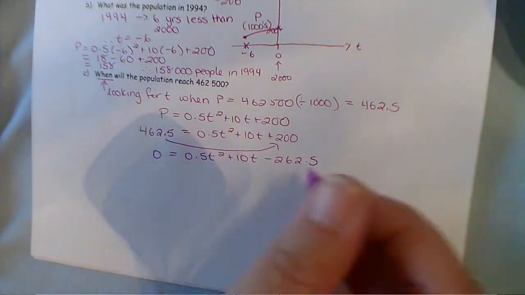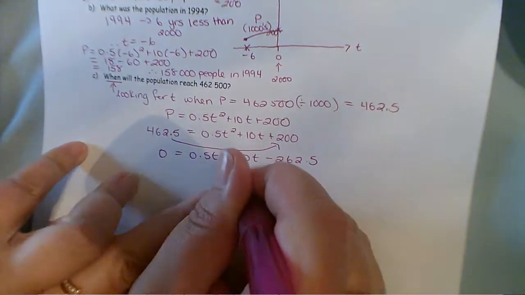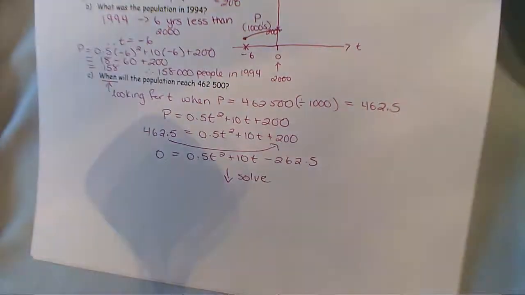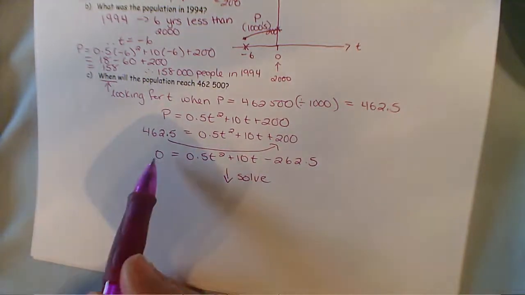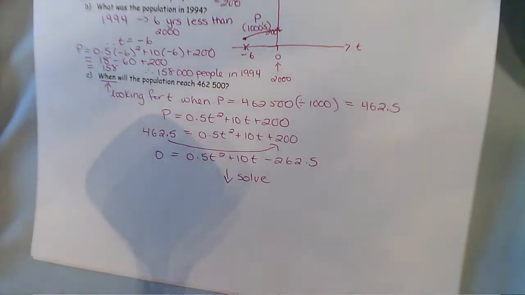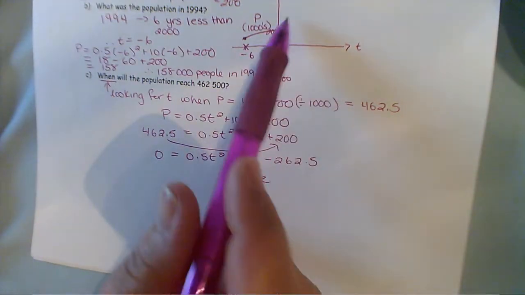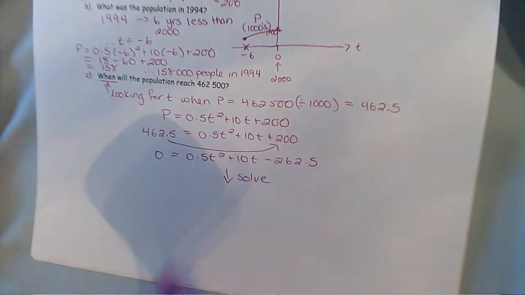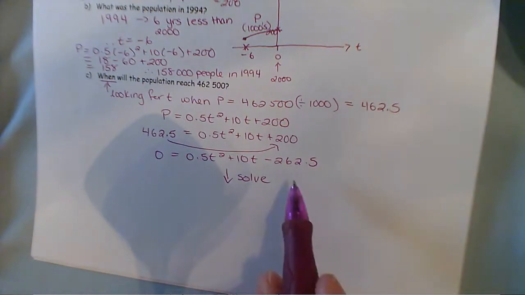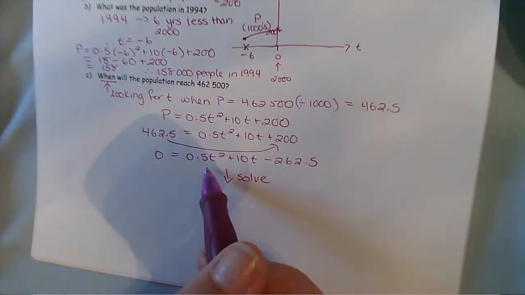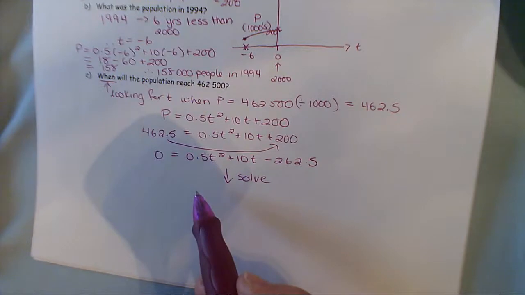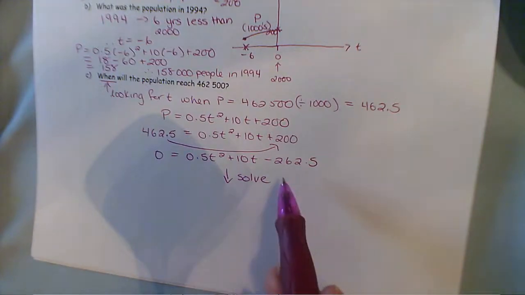And what we need to do is solve, right? We're at the point where we're now solving for t. We're trying to find t that makes this equation work. We're looking for the x intercepts. Okay, I want to find these numbers where we hit this height. That's only going to happen if I solve for t using either factoring or the quadratic formula.